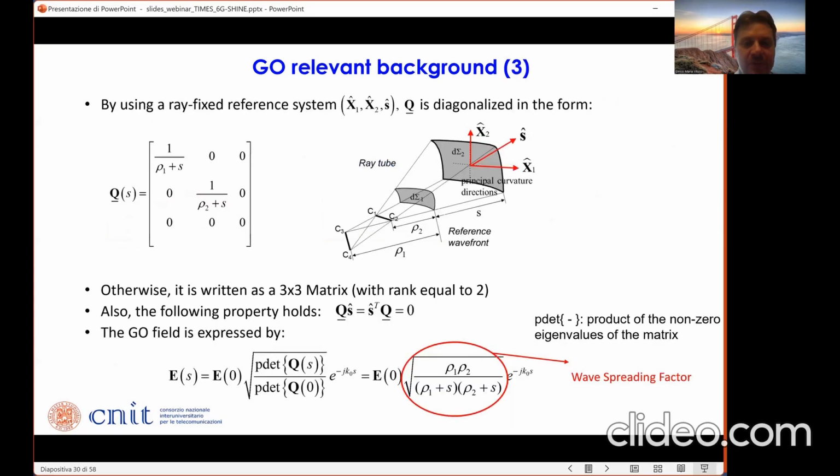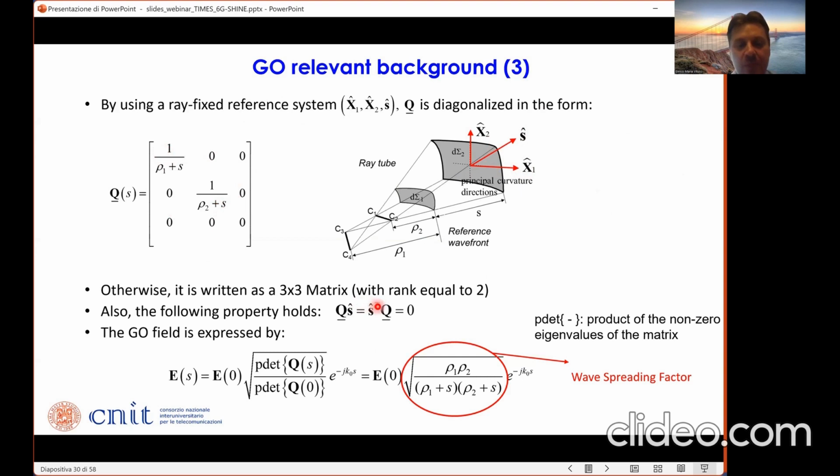And obviously, in the case we define the matrix according to a ray-fixed reference system, so if I make use of these orthogonal bases, x1, x2, and s, this matrix is diagonalized, so it can be expressed in this form.